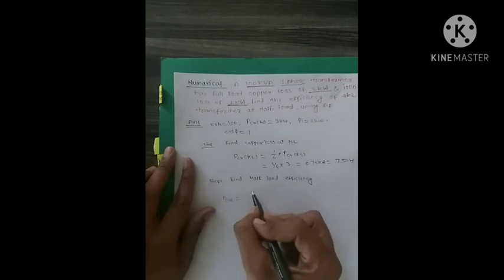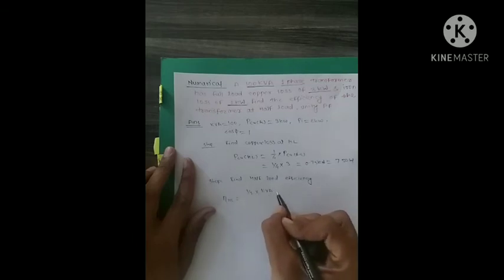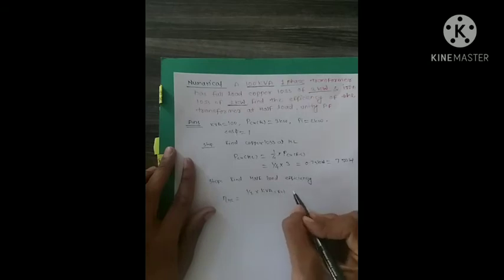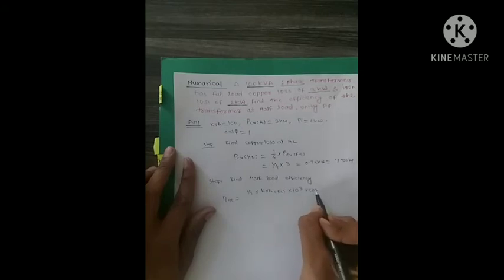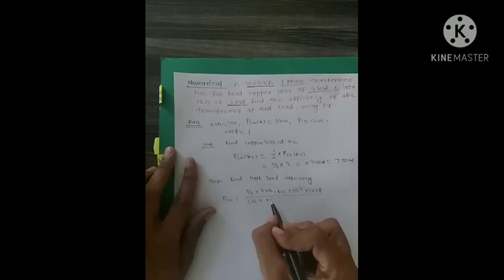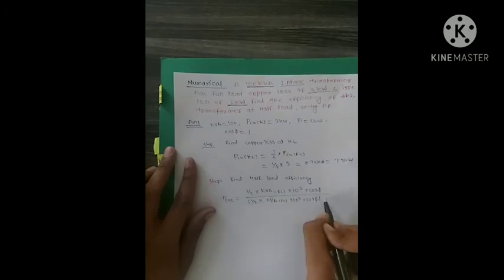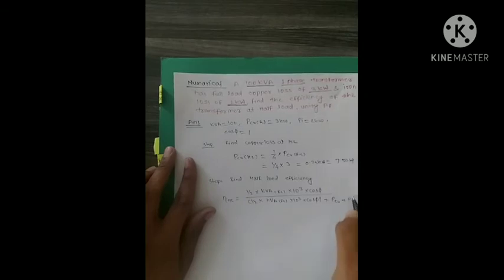Efficiency at half load equals 1 upon 2 into kVA full load into 10 raised to 3 into cos phi, upon 1 upon 2 into kVA full load into 10 raised to 3 into cos phi plus PCU plus PI. This PCU is the half load PCU.